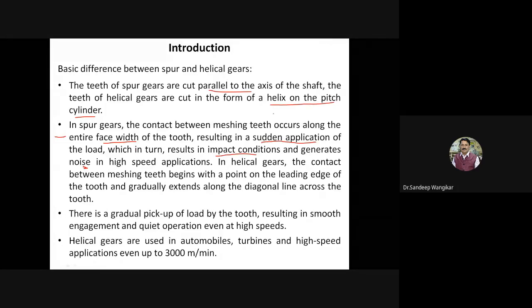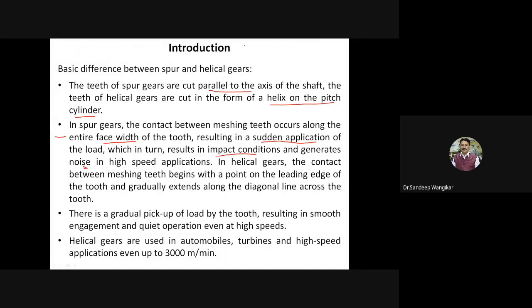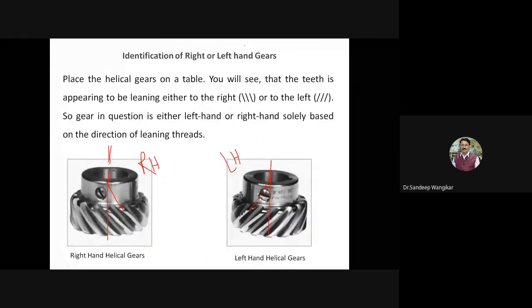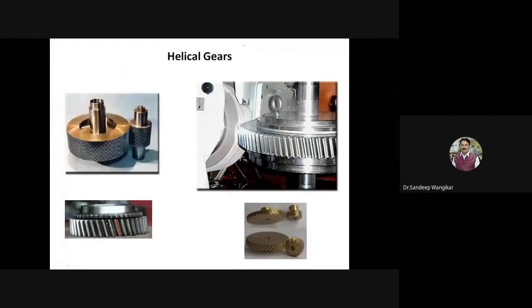In helical gears, the teeth contact between meshing begins with a point on the leading edge and gradually extends along the diagonal. So this point we can see. The teeth are cut at an angle. Let us take this point.